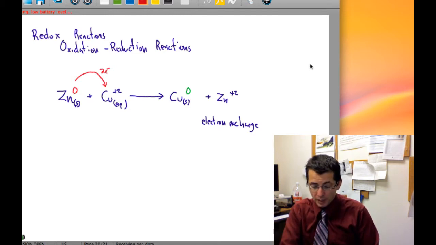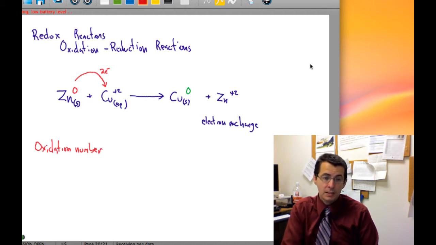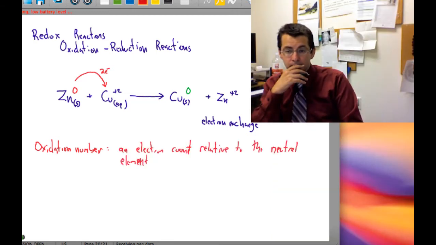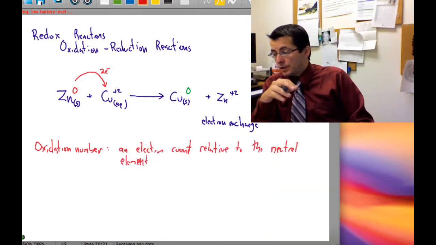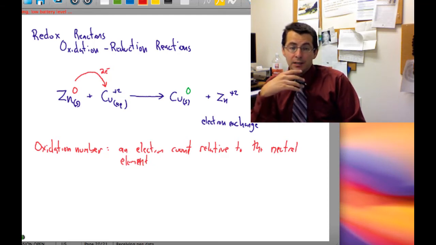There's a more formal way of doing this if we examine what we call the oxidation number. Oxidation number is a way of counting electrons on an element. So the oxidation number is an electron count relative to the neutral element.